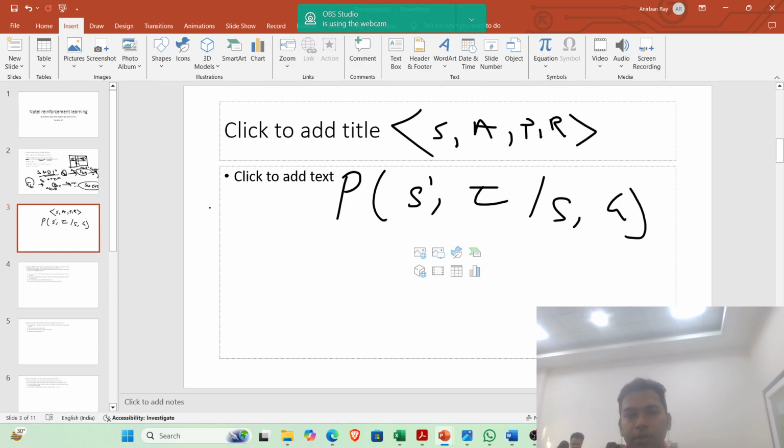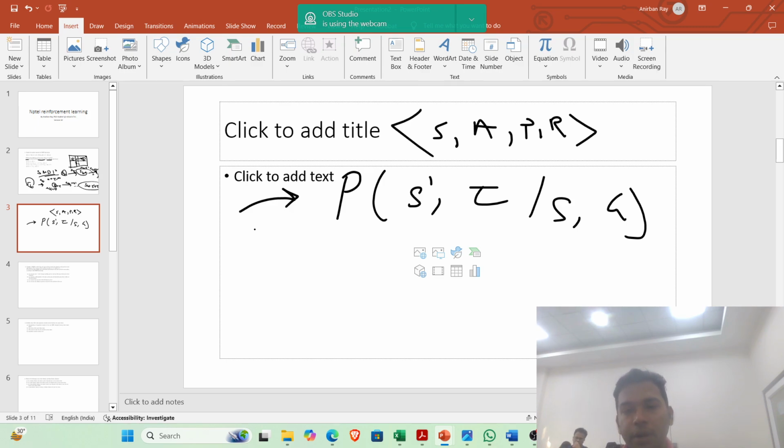This is useful for RL applications because this S dash that we reach depends on the tau. That is how we see it.